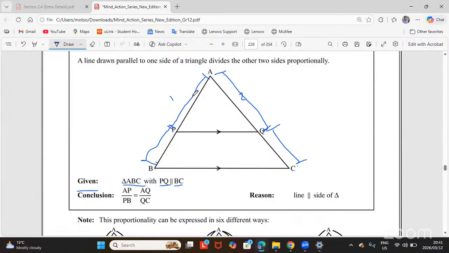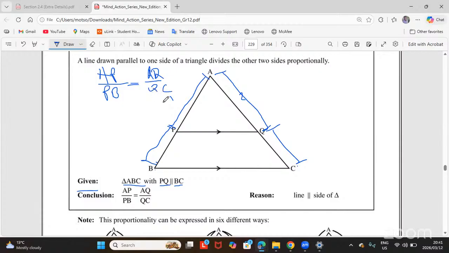On side 1, you take the ratio of those parts, AP over PB. This ratio is equal to the ratio on side 2, AQ over QC. This is how it works.